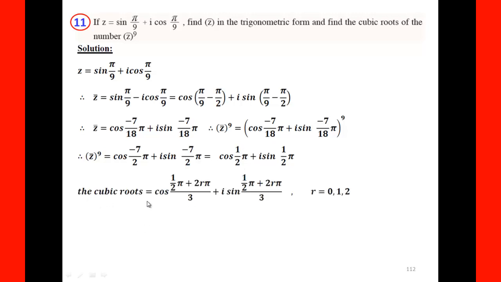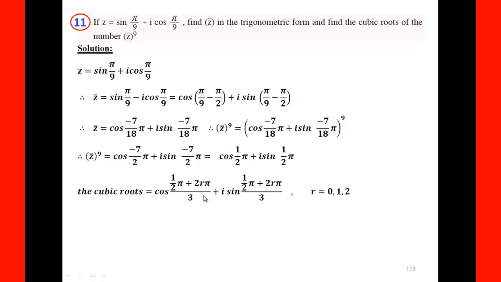The cubic roots equal cosine half pi plus 2r pi over 3 plus I sine half pi plus 2r pi over 3. The second requirement here is to find the cubic roots of z bar power 9. How do you get it? The cubic roots equal cosine theta plus 2r pi over k.